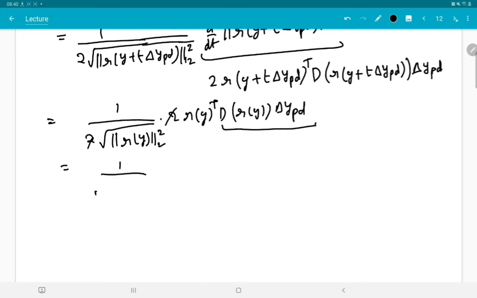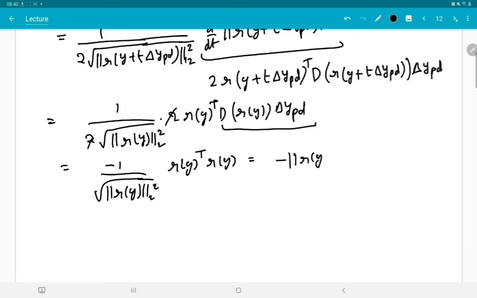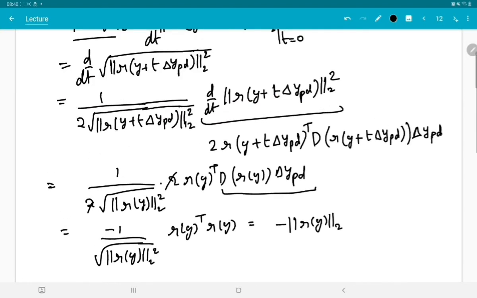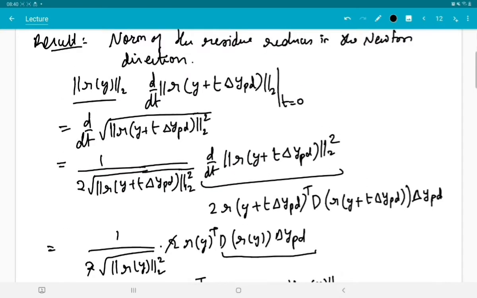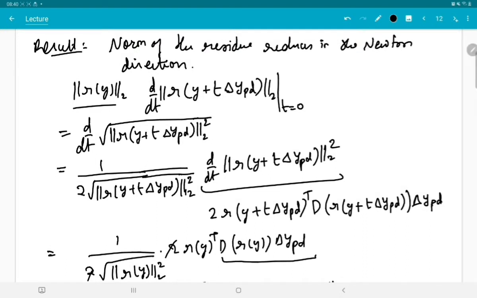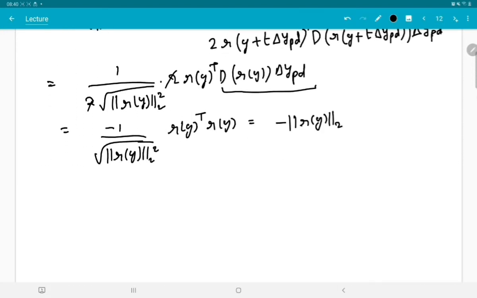So this is 1 over root of r(y) transpose r(y), negative. This is negative of the norm of r(y), the second norm. So this is what it means: our Newton direction is exactly the direction in which the residue 2-norm reduces.